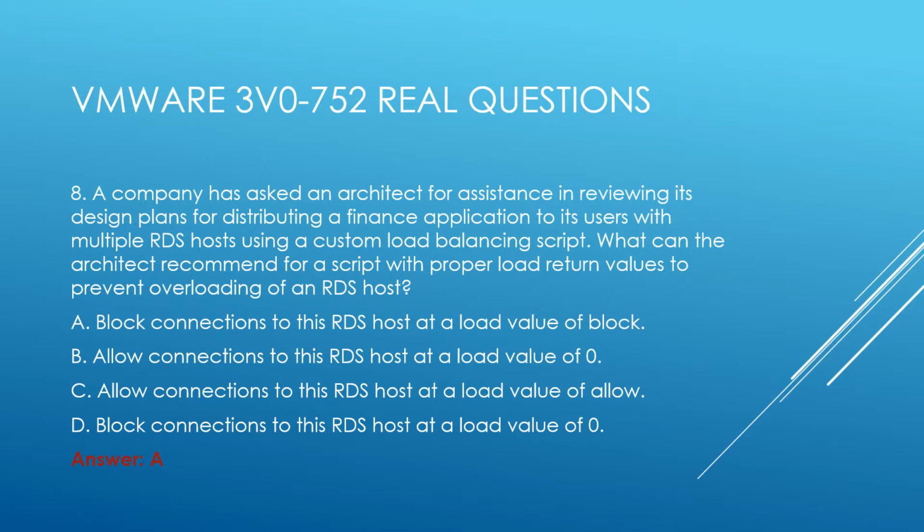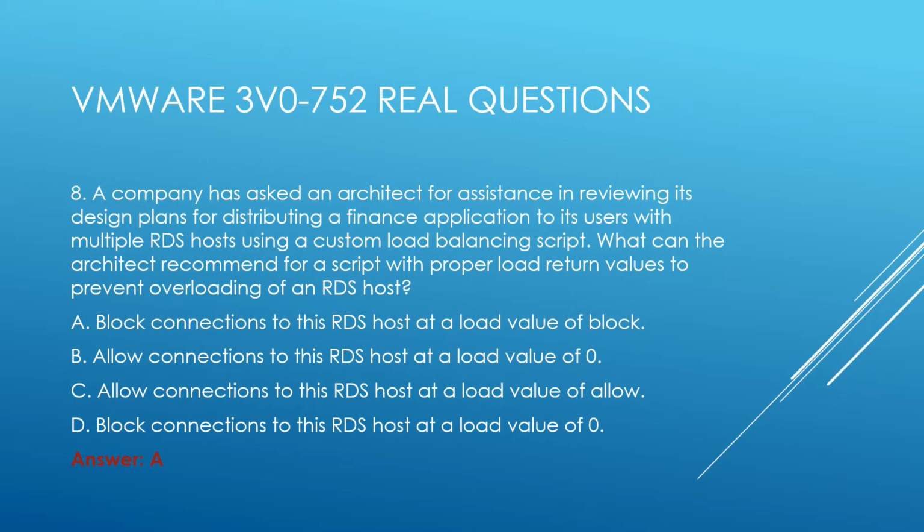8. A company has asked an architect for assistance in reviewing its design plans for distributing a finance application to its users with multiple RDS hosts using a custom load balancing script. What can the architect recommend for a script with proper load return values to prevent overloading of an RDS host? A. Block connections to this RDS host at a load value of block.